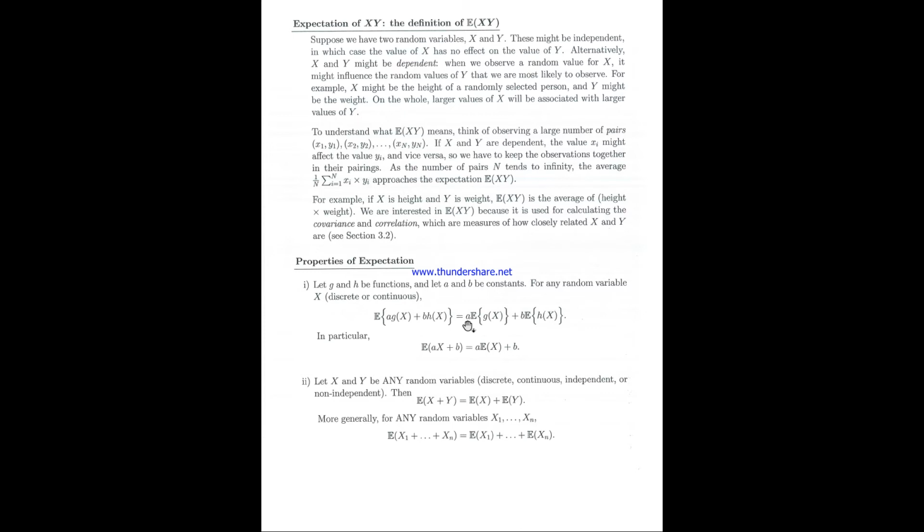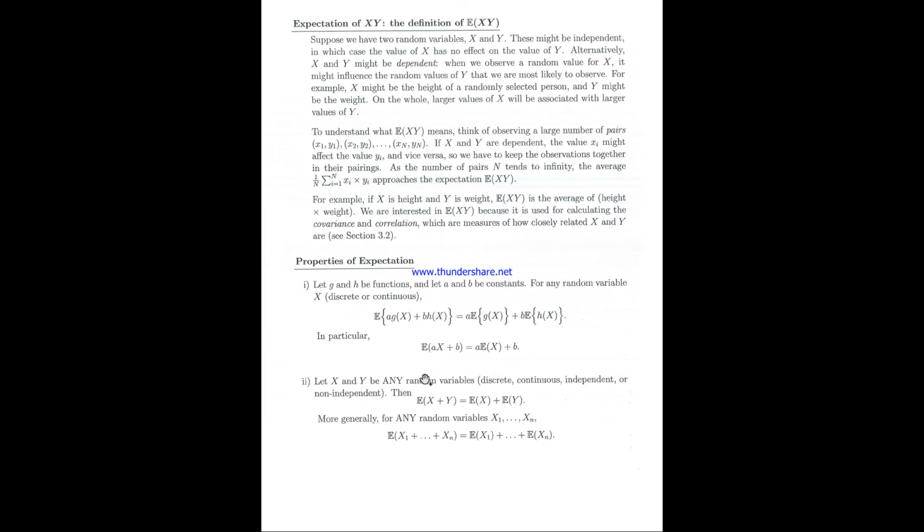So that is a times the expectation of the function g(x), plus b times the expectation of the function h(x). In general, when you have constants, the expectation of a times x plus b is simply equal to a times the expected value of x plus b.